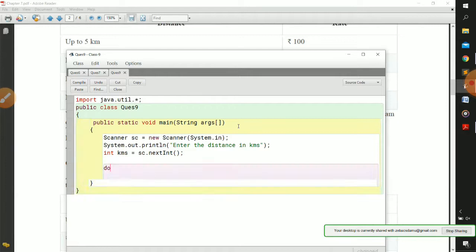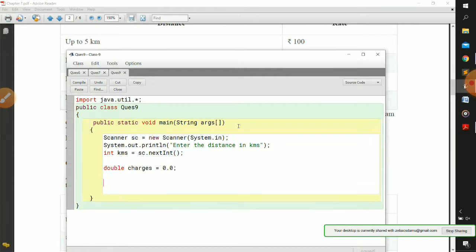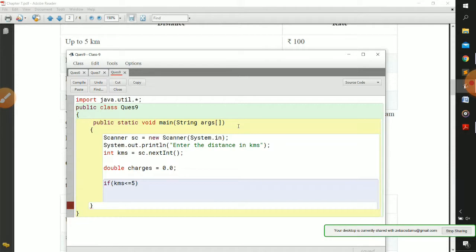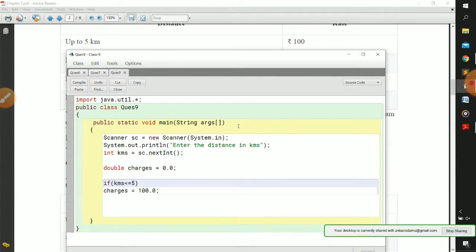So let us define double charges equal to 0.0. Now let us start our if condition. The first row states: if your kilometers is less than or equal to 5, then the charges will be equal to 100. It is a fixed quantity that you need to pay, 100 rupees.